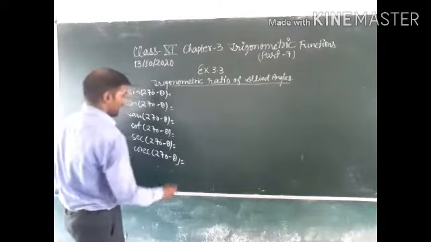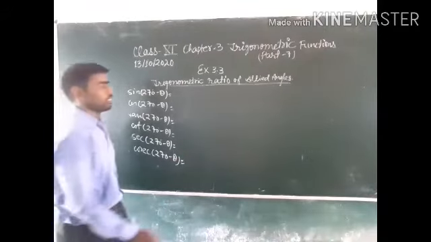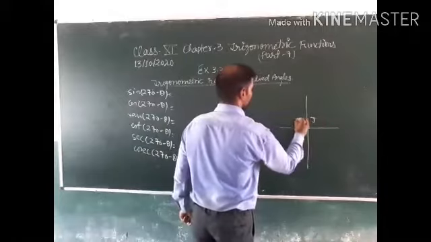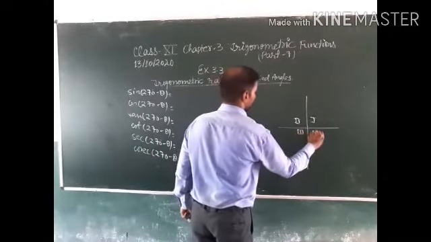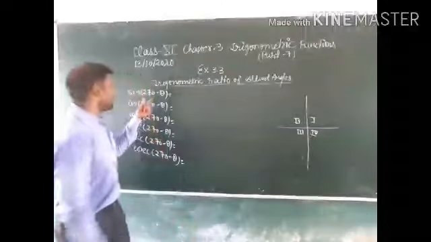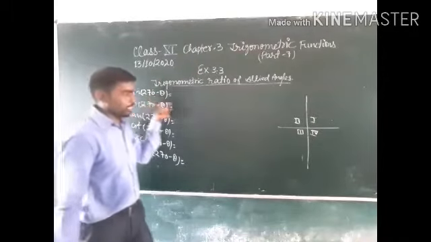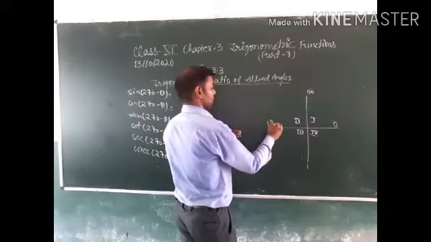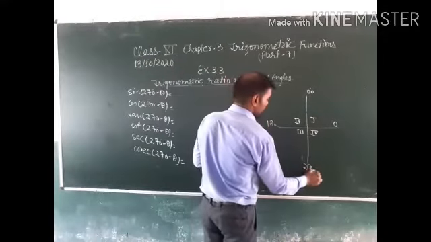So first of all, identify the quadrant. This is the Cartesian plane. This is first, this is second, this is third, and this is fourth. This is 0, this is 90 degree, this is 180 degree, and this is 270 degree.